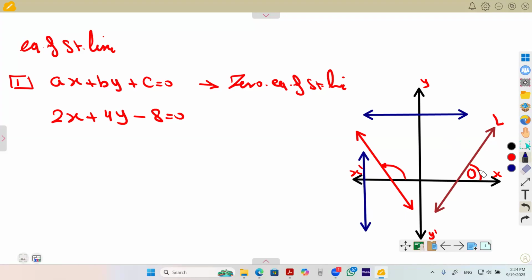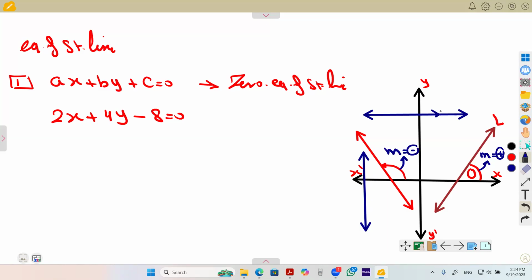If the straight line makes an acute angle, the gradient m is positive. And if it is the other, it is negative. If it makes an obtuse angle, the gradient or the slope is negative.